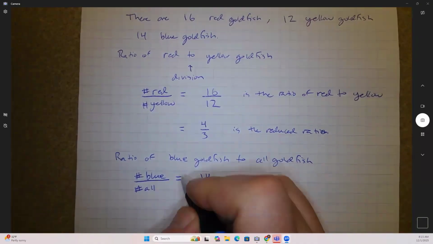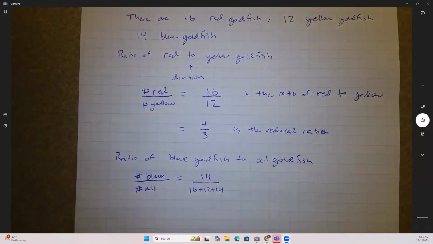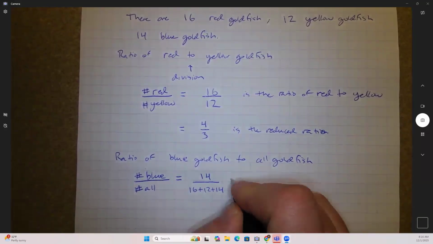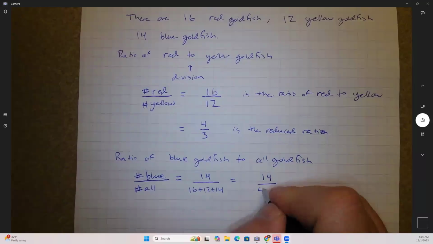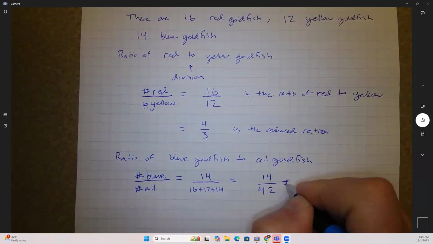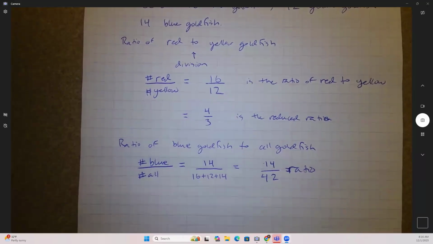In terms of all the goldfish, there's 16 plus 12 plus 14. So notice in this case, the number for the blue also occurs in the bottom because blue goldfish are part of all the goldfish. And then I do a little arithmetic. That's going to be 42. There are 14 blue goldfish out of 42 goldfish total.